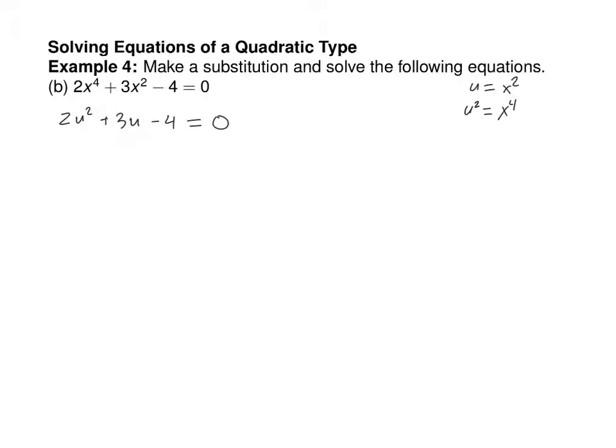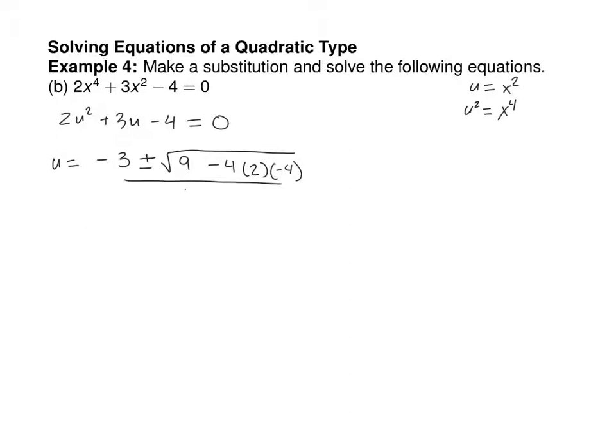You're going to have u equals negative b, so -3, plus or minus the square root of b squared, which is 9, minus 4 times 2 times -4. I'm just not as fast as you are.